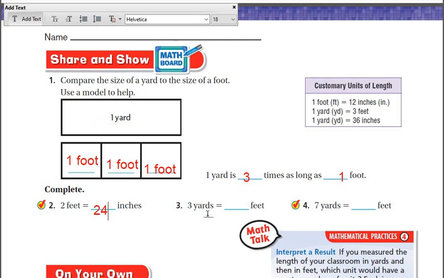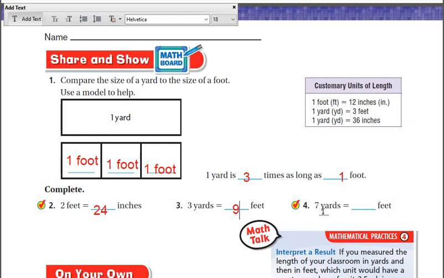So 3 yards again: we will add 3 and 3 and 3, which means 3 times 3 equals 9. You can notice that the yard is greater than 1 foot, so from big to small we will multiply. From a big unit to a small one, we will multiply.